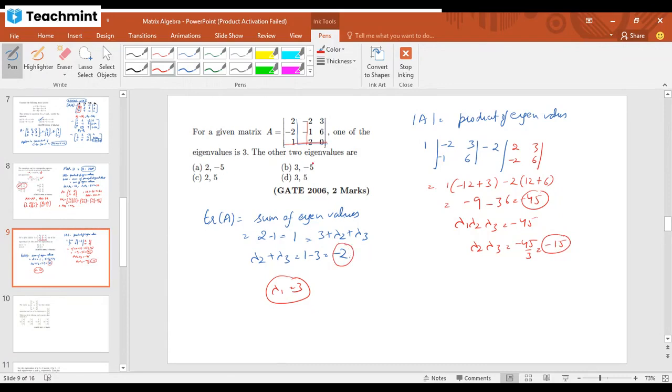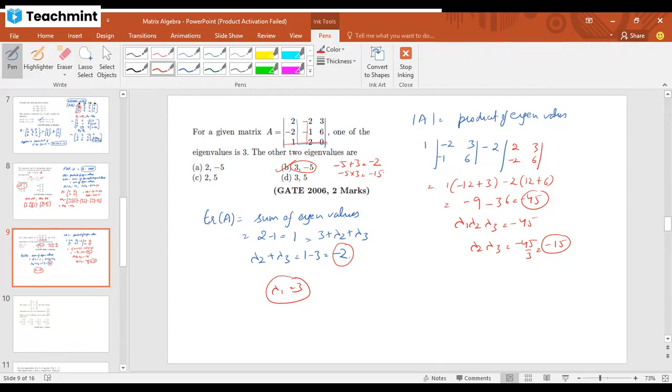So if we choose 3 and minus 5, minus 5 plus 3 is equal to minus 2, and minus 5 into 3 is minus 15. So automatically the correct answer is option B, because the other options are not possible. In this case the sum is minus 3, not possible. In this case the sum is 7, not possible. In this case the sum is 8, not possible. So the correct answer is option B.